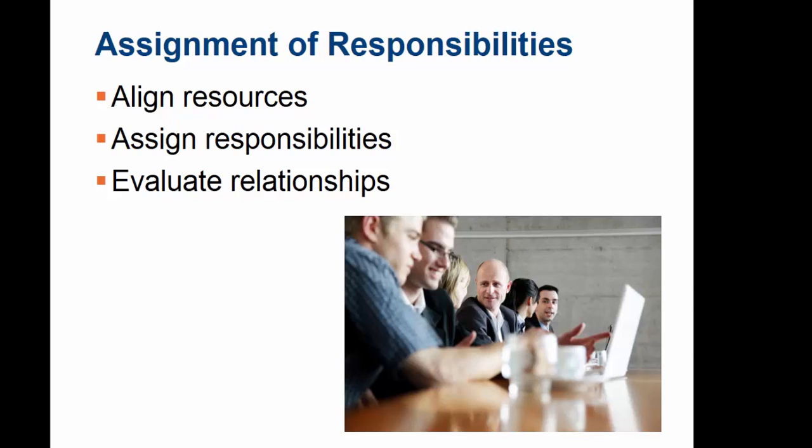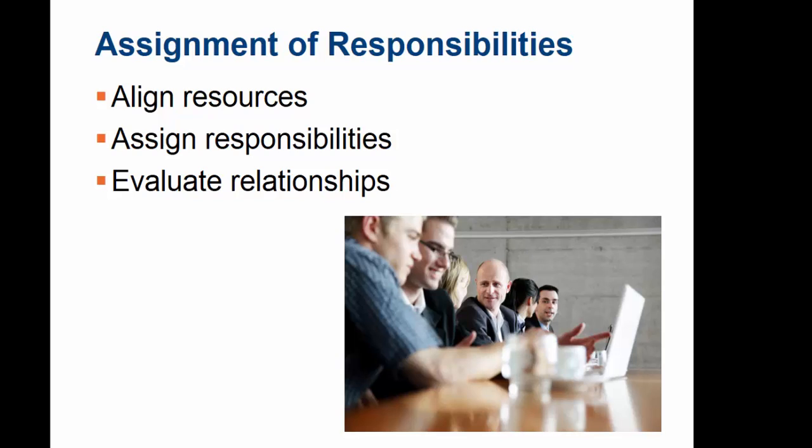Assignment of responsibilities. As we mentioned earlier, when you start assigning responsibilities, there are a lot of people that will sometimes claim to be experts, and all of a sudden become, I don't know that area very well. Sort of funny how when that happens.